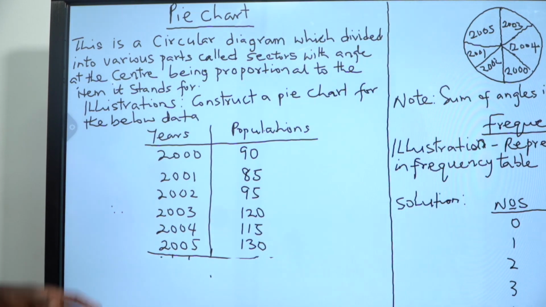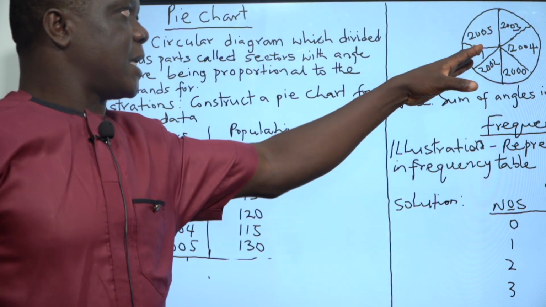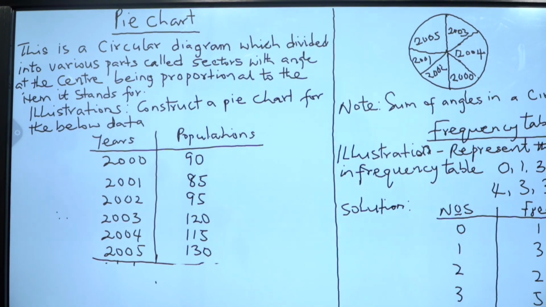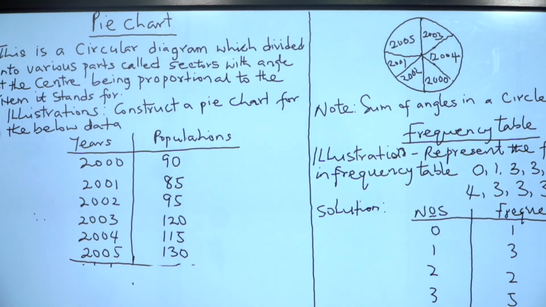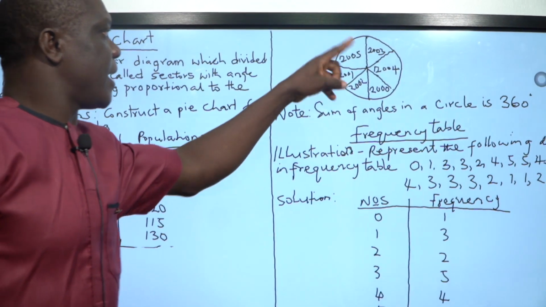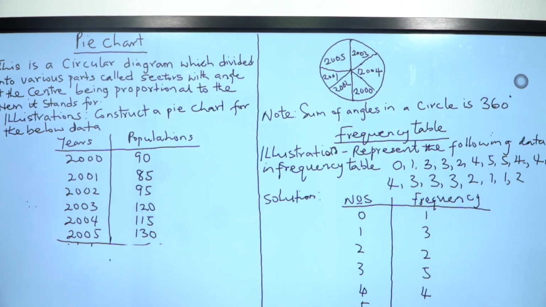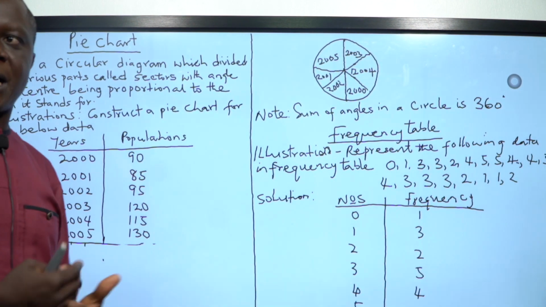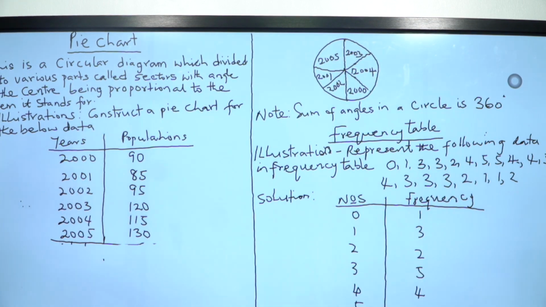What we do now to draw the pie chart, as you can see here, is that we are going to total this population to get the total population, because the angle in a circle is 360. In your note, I gave out the procedures for how you can calculate the angles.